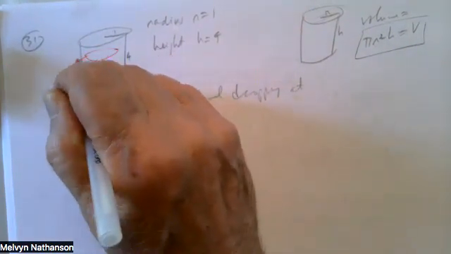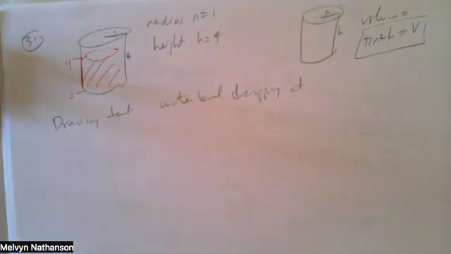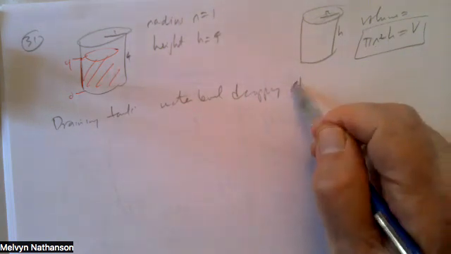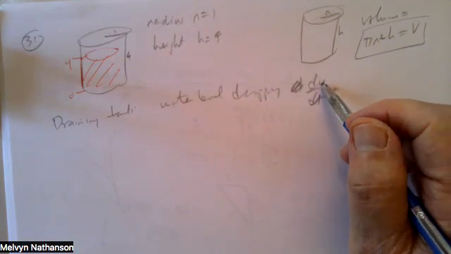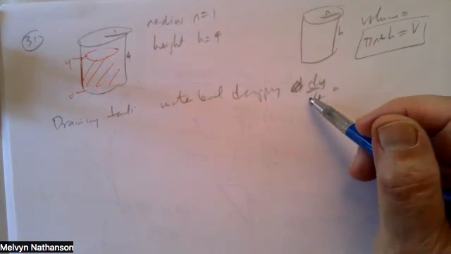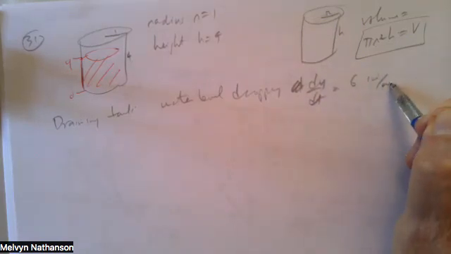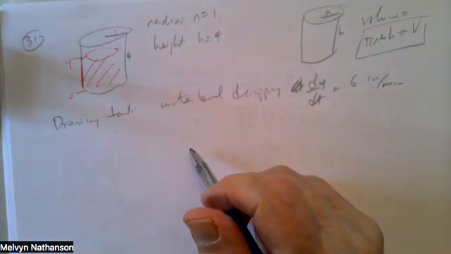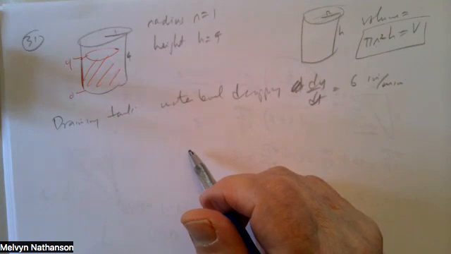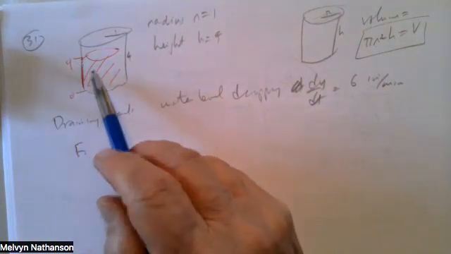And the water level, the height, is y. And we're told that the water level is dropping at a rate dy/dt, it has to be negative, of 6 inches per minute. So this is the height at time t.